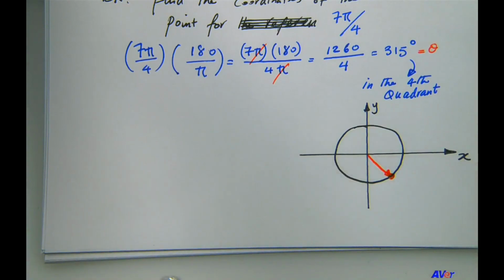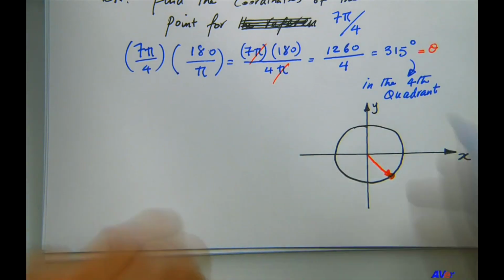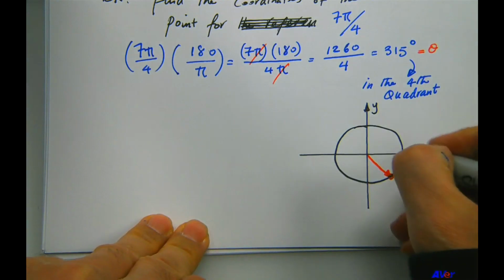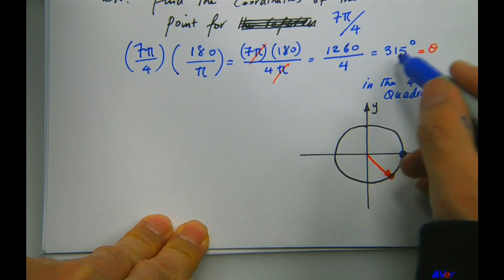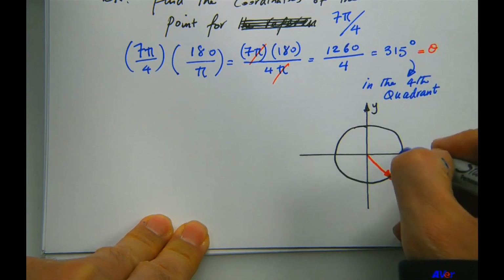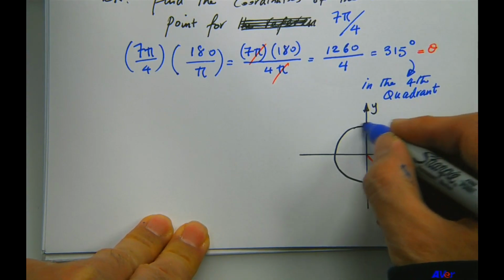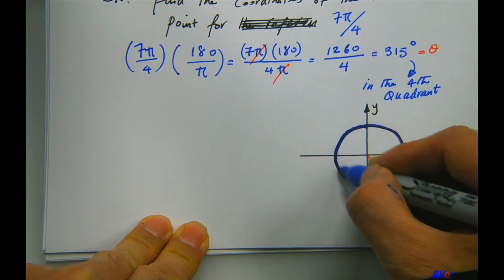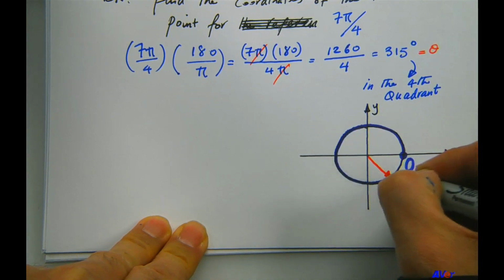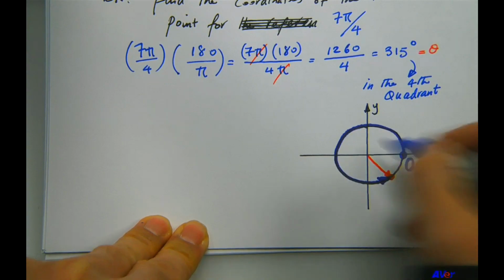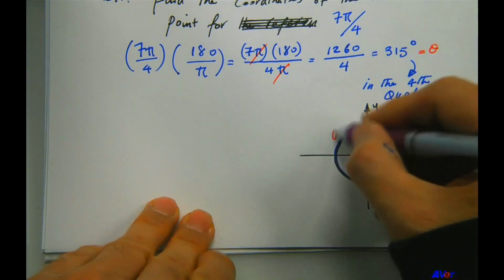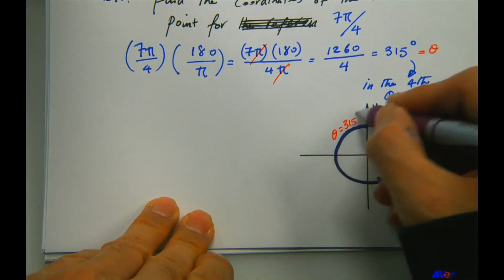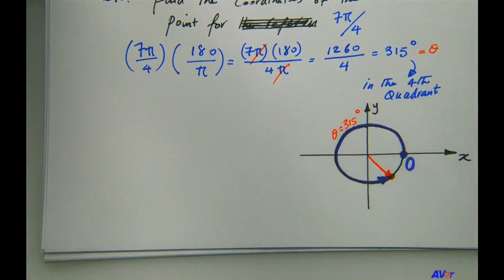So the angle that was traced, so we started from here, right? This is the 0. What happened was to trace this 315 degrees, we went like this. We went all the way, and we stopped here at 315 degrees. So this is theta is equal to 315 degrees, going counterclockwise in the positive direction.